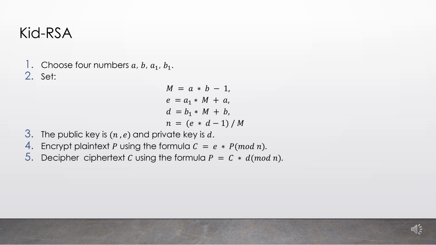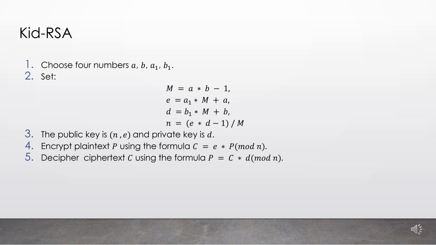Listed below are the 5 steps to practice the simplified cryptography of the RSA public key encryption. First, you choose 4 numbers, A, B, A1, and B1. Next, you set up 4 variables, M, E, D, and N, by using simple arithmetic with the 4 numbers established in step 1.